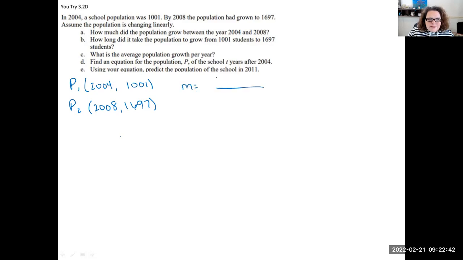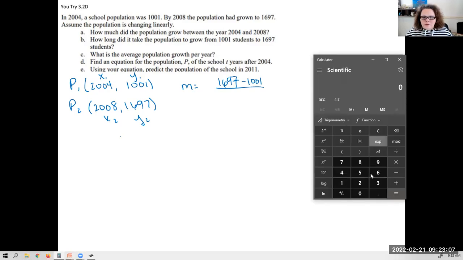That's the 1697 minus 1001. So I'm going to go ahead and start labeling these: x sub 1, y sub 1, x sub 2, y sub 2. So 1697 minus 1001, which is 696.